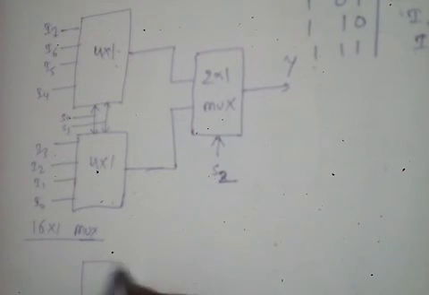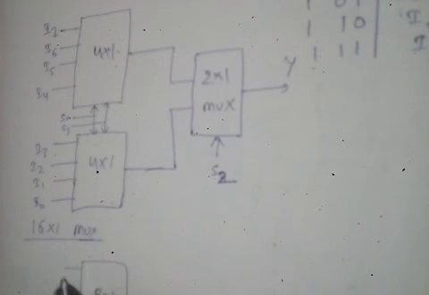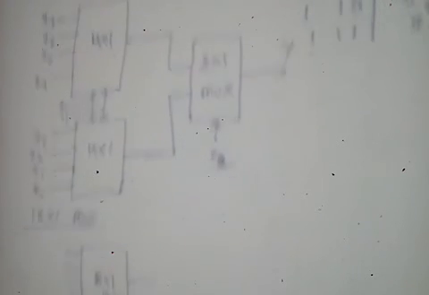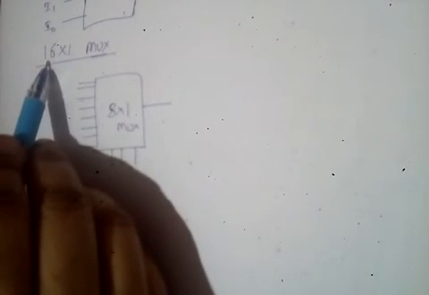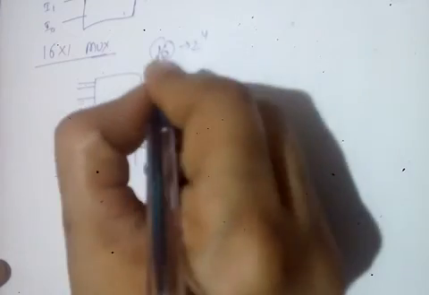Since we know 8 by 1 mux has 8 data inputs, 3 selection lines and 1 output, and 16 by 1 mux has 16 data inputs, 4 selection lines, that is 2 raised to the power 4, so 16 inputs, 4 selection lines and 1 output.